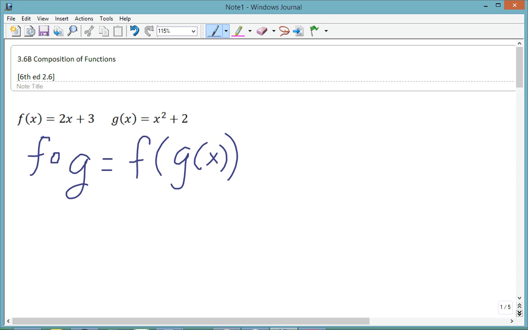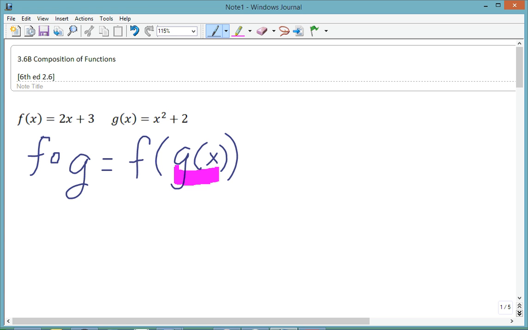In other words, we're finding g of x. We find g of x first, and it could be a number in there. We would then plug the number in, and then we plug that into our f of x. So in this case, we would take g of x and plug it into f of x.